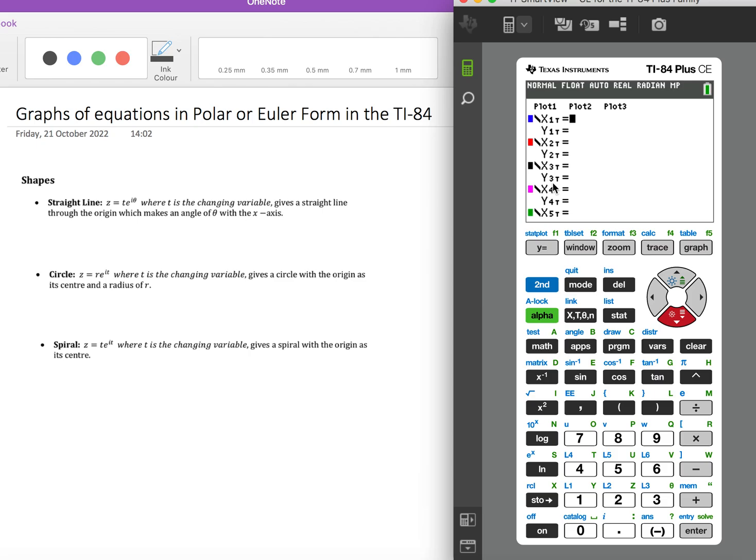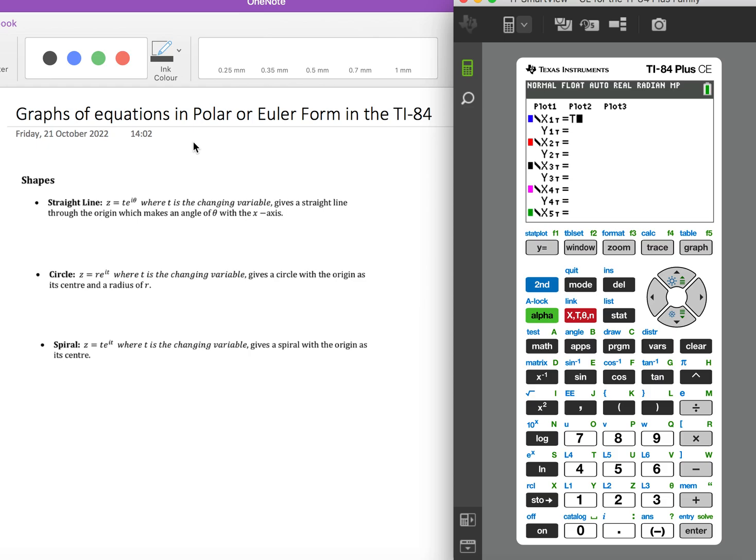Not functions, 6 graphs. The first is going to be your parametric equations for x and for y. We're going to use t. When you're in parametric form, the default variable is t. In Euler form, e to the i theta converts to cis theta.